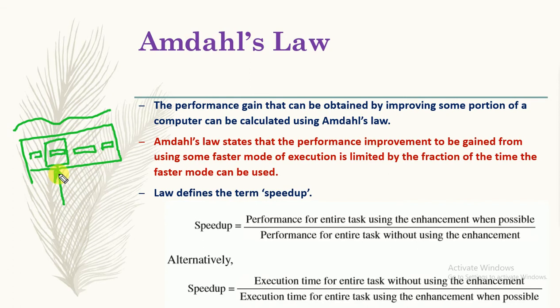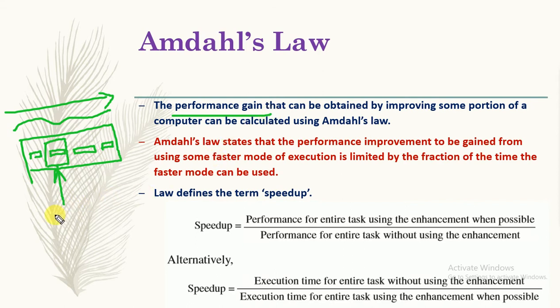So we need to consider only the common case or frequent case. Enhancement in the sense of adding some parallelism or improving the performance by applying something on that, so that the entire speed can be improved. So the performance gain can be evaluated.